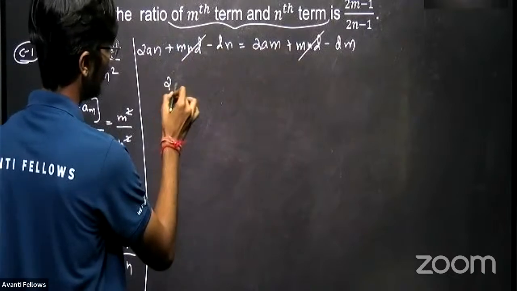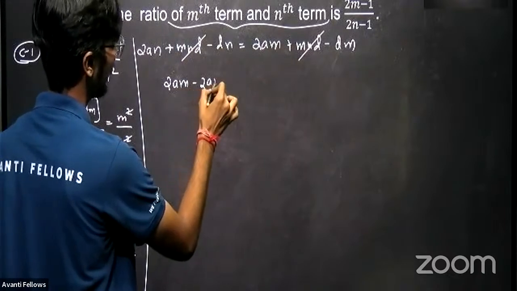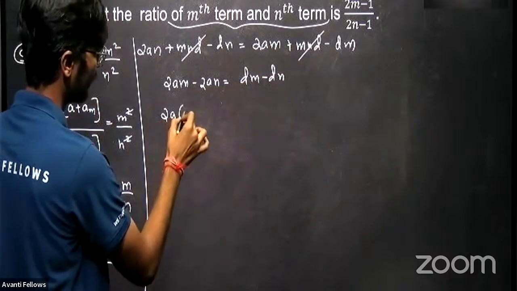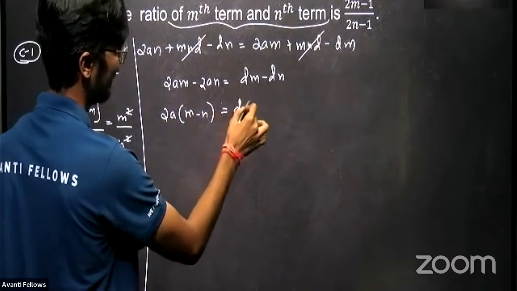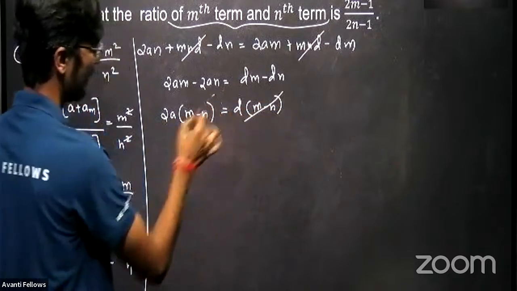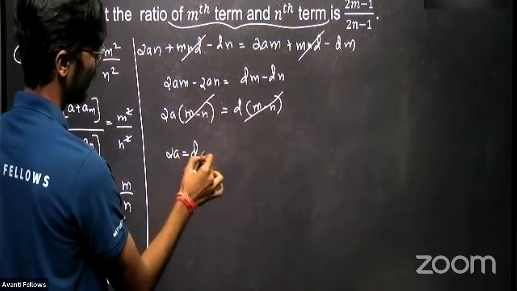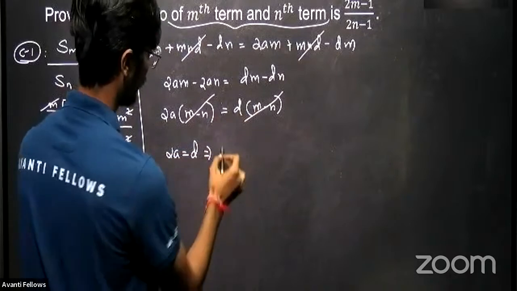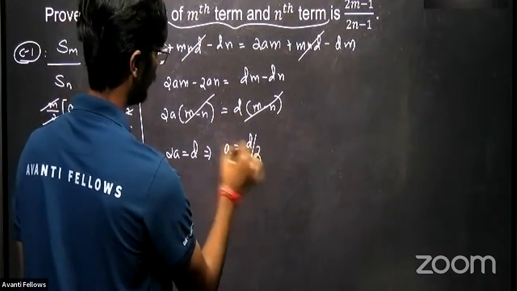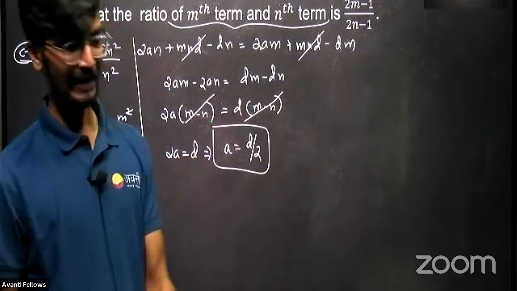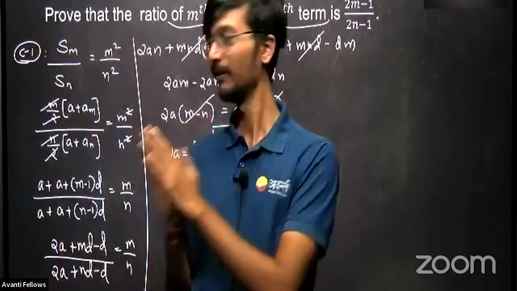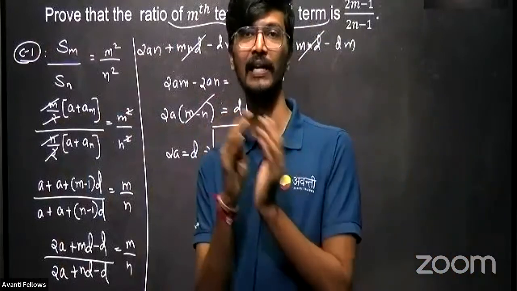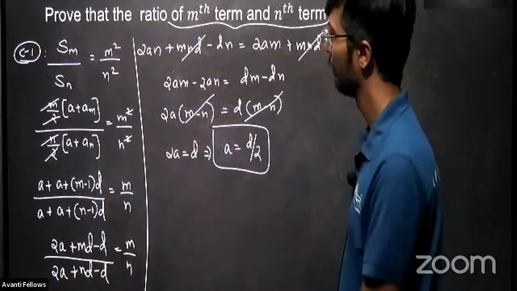So I'll get 2am minus 2an is equals to dm minus dn. Let's take 2a common, m minus n equals to d m minus n. See, that is what I was talking about. That means a is equals to d upon 2. Every time you will get a condition which will largely give a relation between a and d, because if you get a and d, then you get everything else needed in AP.